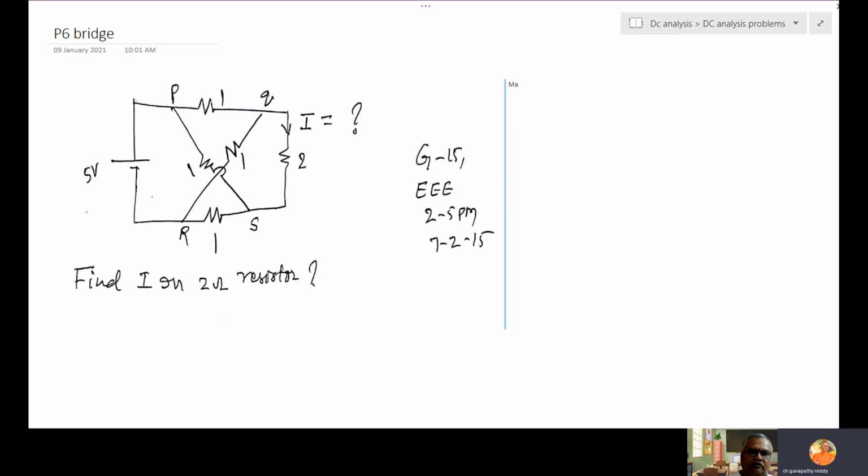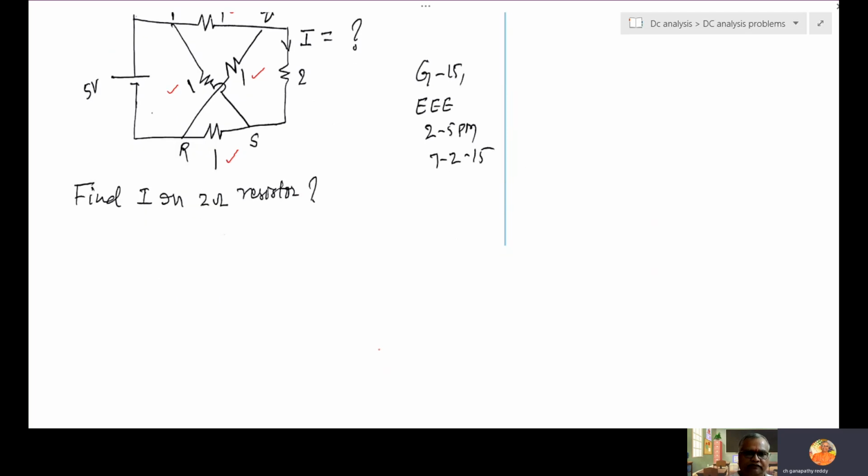So here 1 ohm, 1 ohm, 1 ohm, 1 ohm, 1 ohm, 4, 2. So there is a chance of a bridge connection that we have to cross check. And the source is outside, asking current in this 2 ohm resistor. So let us try, is it a bridge or not?